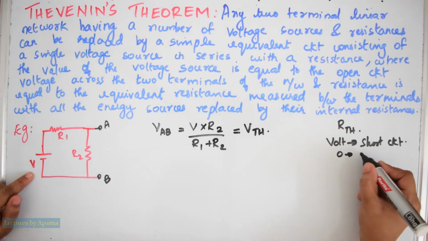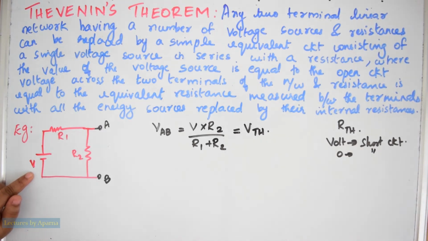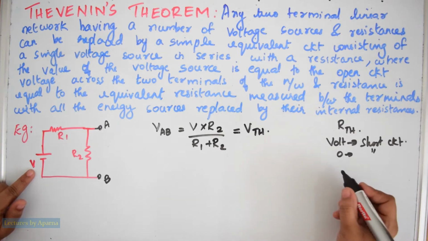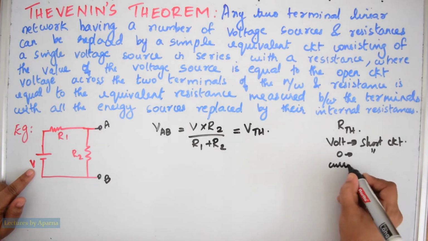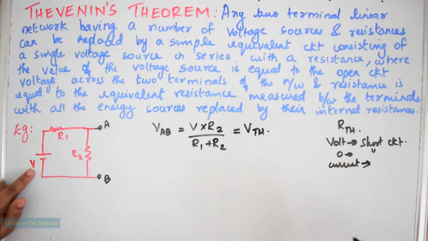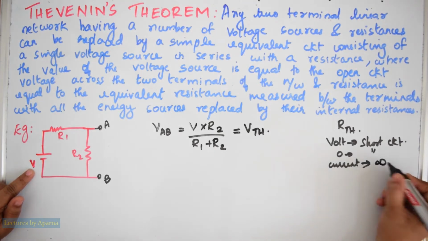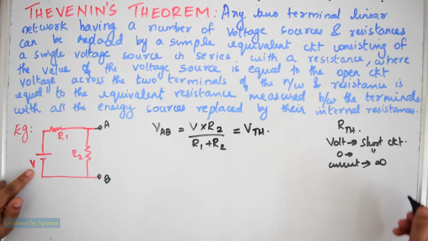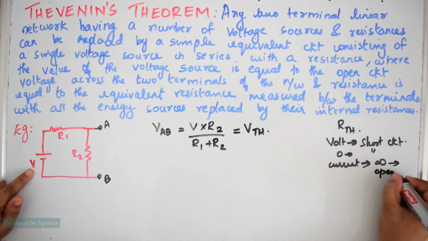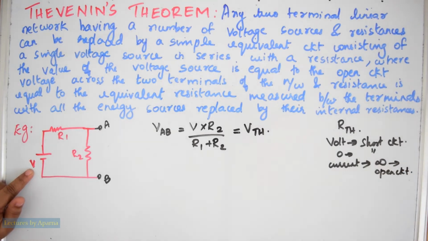That is, it is a short circuit. Now, what is the case if it's a current source? If it's a current source, the internal resistance will be infinity and therefore it will be an open circuit. Okay, so here since it's a voltage source, we are replacing it with internal resistance 0. That is, we are short circuiting this part.